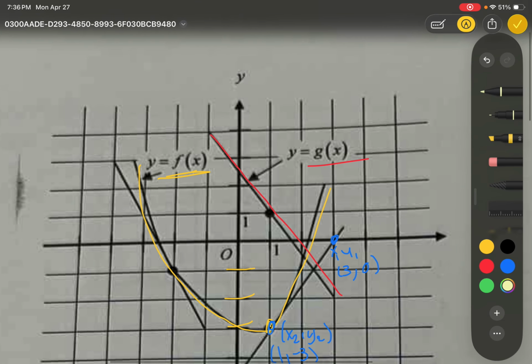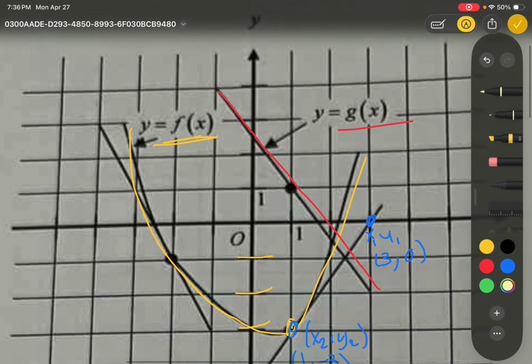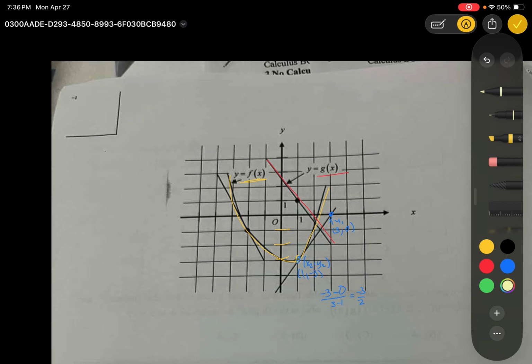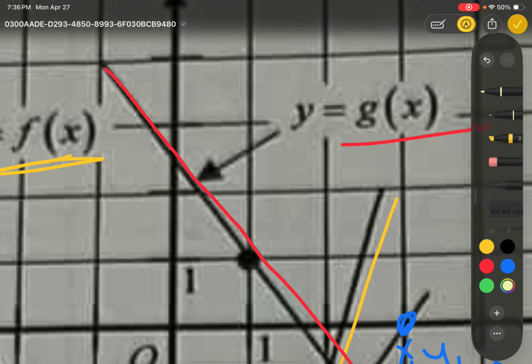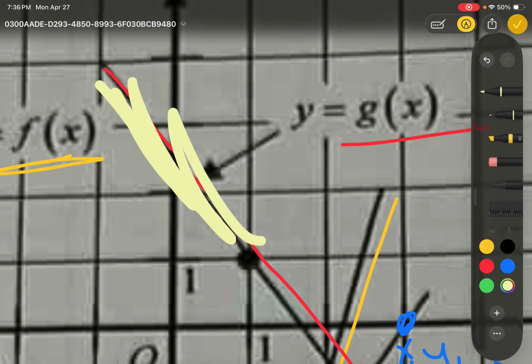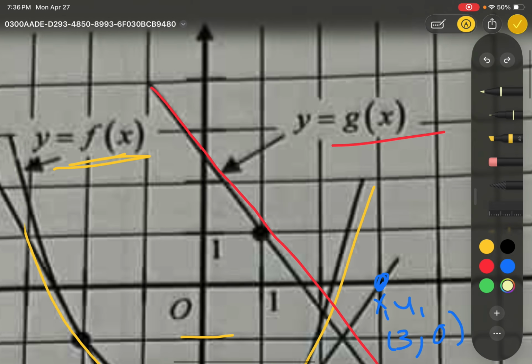Let's find the slope at negative 3. Remember that for g prime of x, the slope is always going to be the same, so we can evaluate that at any given point.